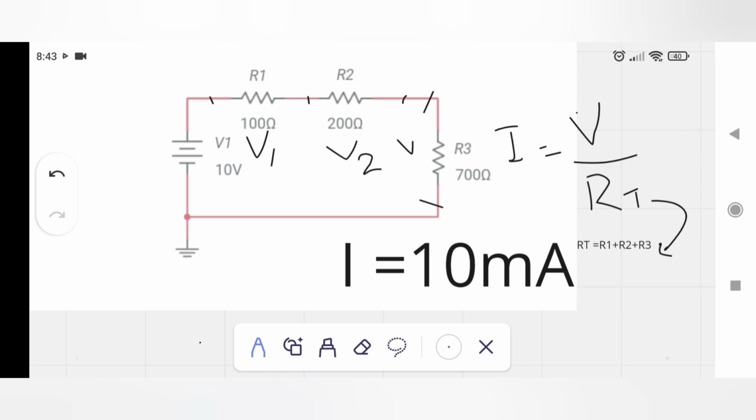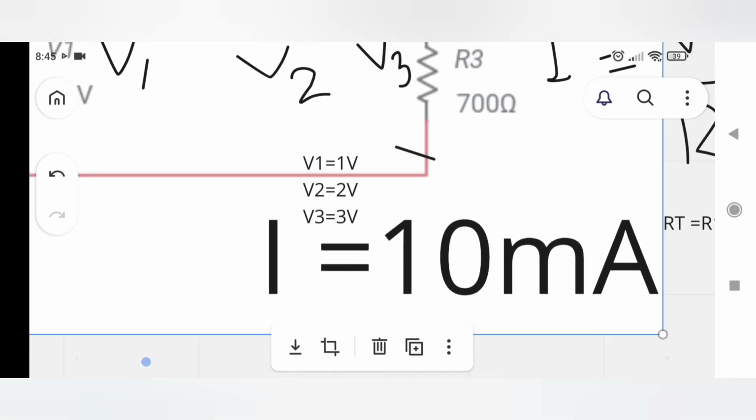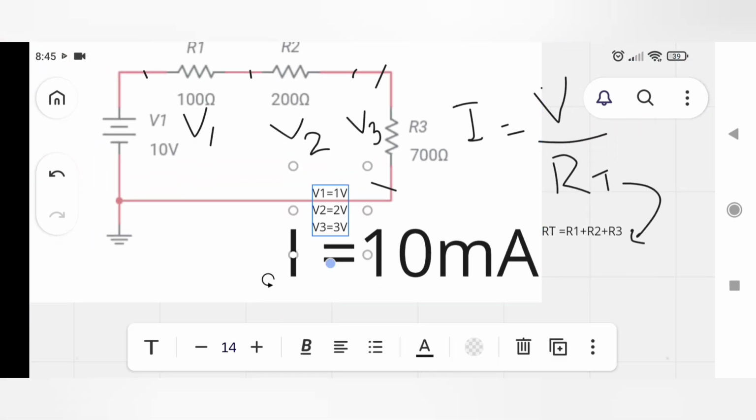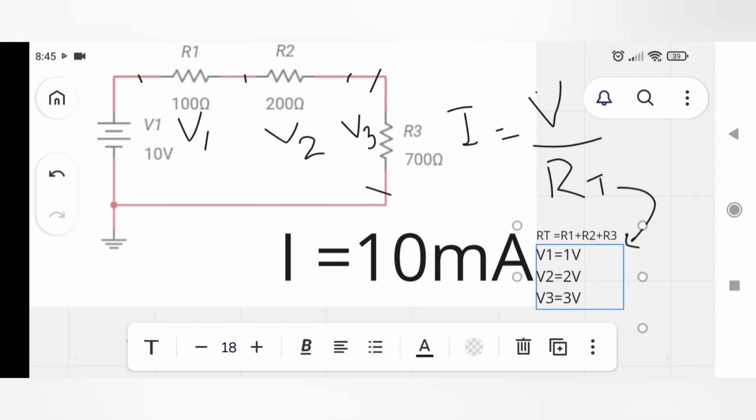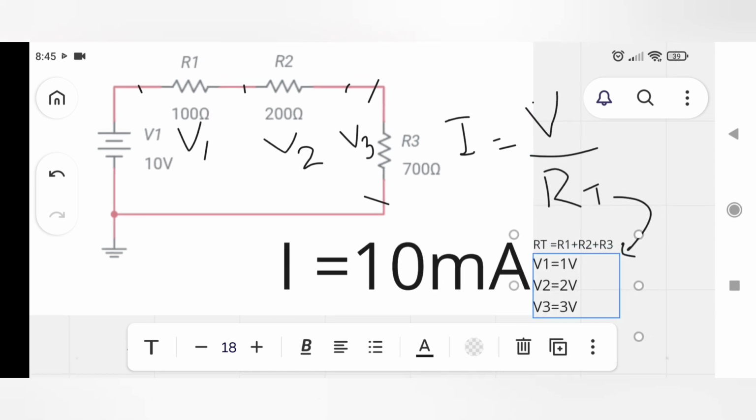Again the same method of calculating voltages across these resistors, and I comes out 10 milliampere. Now V1 is equal to 1 volt, V2 is equal to 2 volt and V3 is equal to 7 volt. Please correct it, V3 is equal to 7 volt.